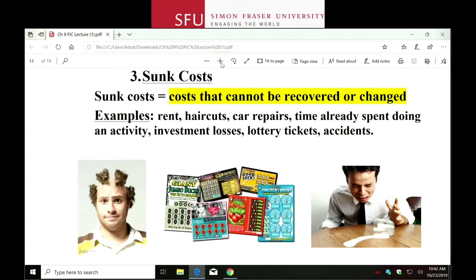Right? So let's say you were trying something, like trying to cook some sort of new dish, and so you spend all this time preparing the food and doing the cooking, and then you taste it, and then you realize like, oh, it's terrible. But that's a sunk cost at that point. You can't do anything. Investment losses, no one's going to give you your money back. Lottery tickets, accidents as well.